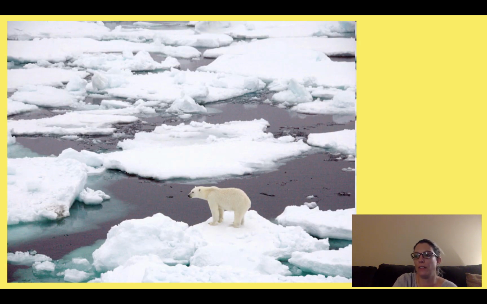Now, one of the things that this sea ice decline is affecting is the polar bears. Polar bears exclusively pretty much eat seals, and their only access to those seals is through sea ice. The summer sea ice period has begun to lengthen, which means the summer sea ice has started declining.